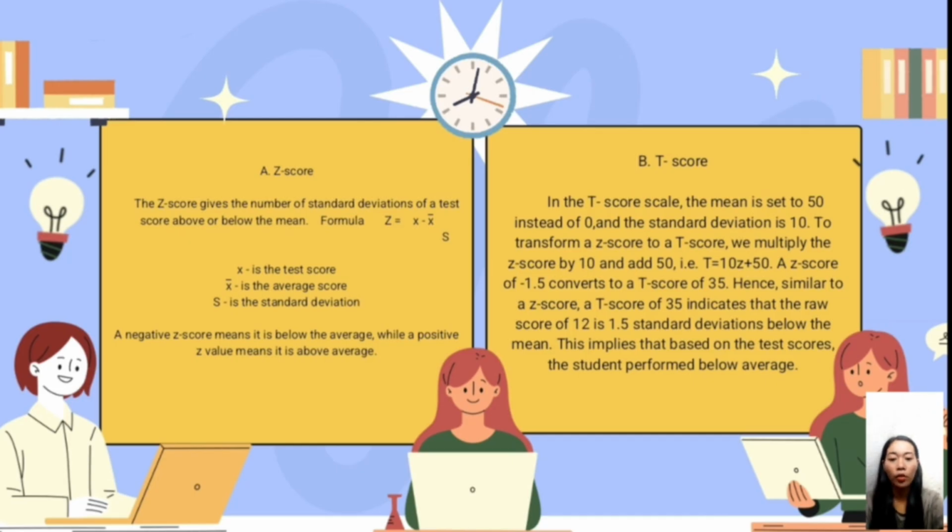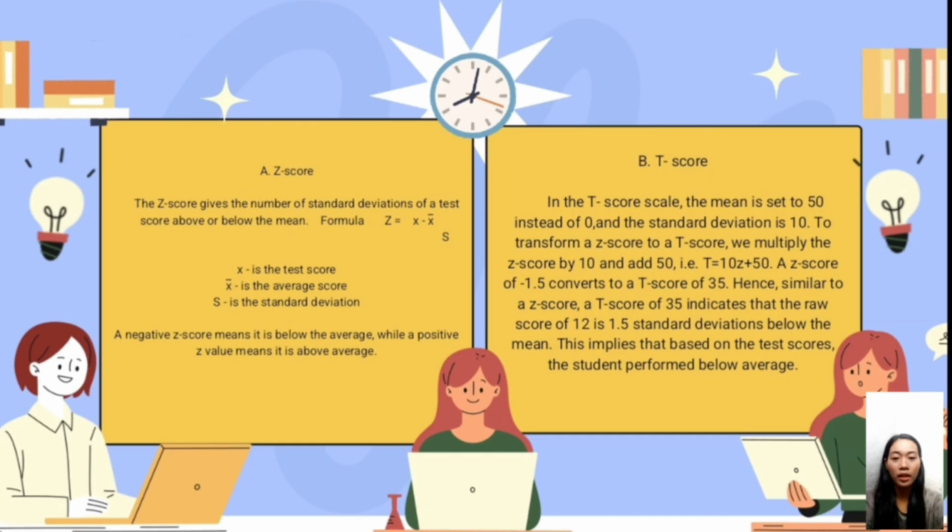Z-score. The Z-score gives the number of standard deviations of a test score above or below the mean. The formula is Z equals X minus X-bar over S, where X is the test score, X-bar is the average score, and S is the standard deviation. A negative Z-score means it is below the average, while a positive Z value means it is above the average.